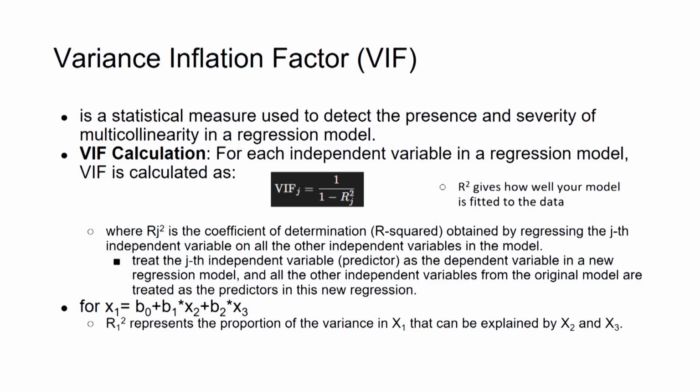So, what is R_j square? This is the R square value for the jth variable. We will first understand what R square is, then we can understand what R_j square is. R square is a metric used to evaluate regression models.